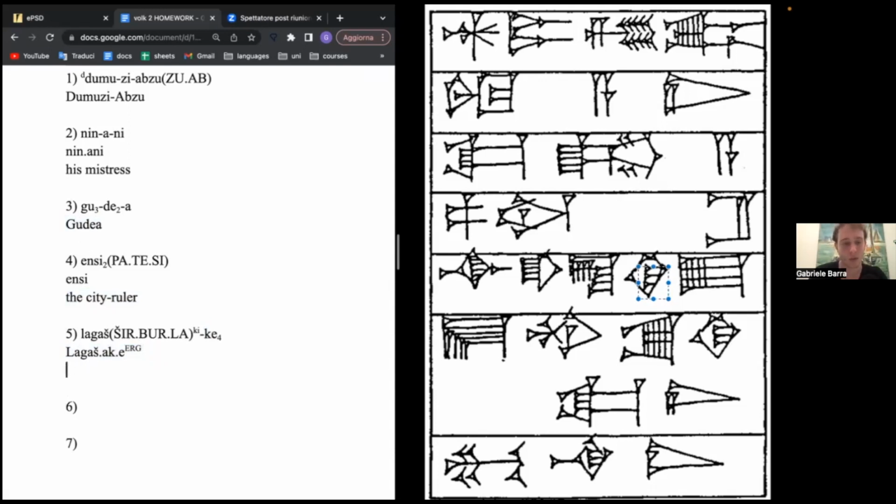Of Lagash. Very well. So we know that first is the benefactive sentence, then you have the subject, and then you have the object, and then the verb. So the next line has to be the object. Anyone wants to do it?